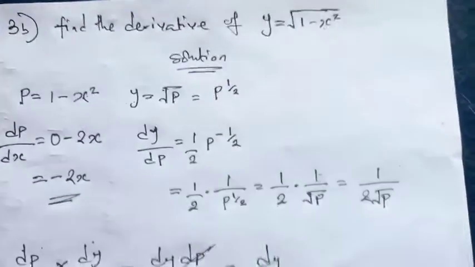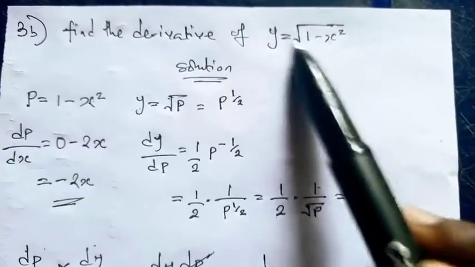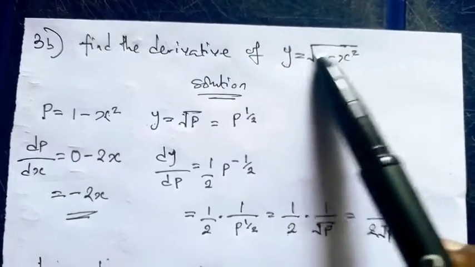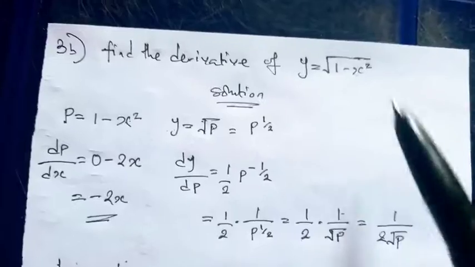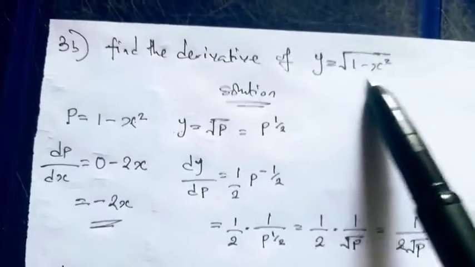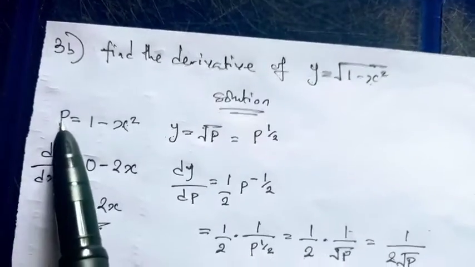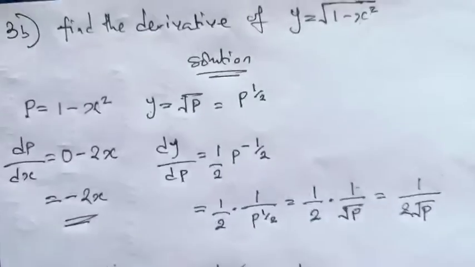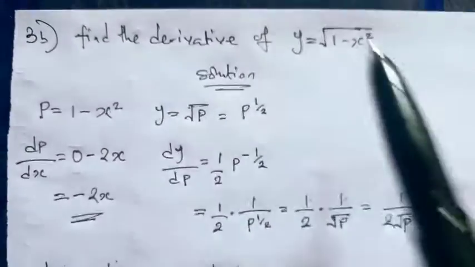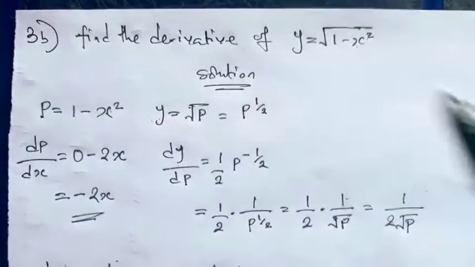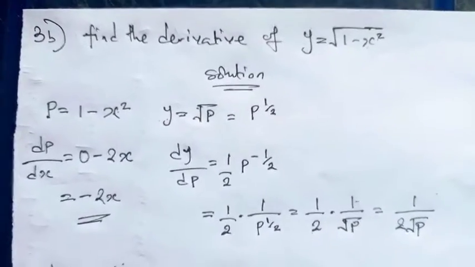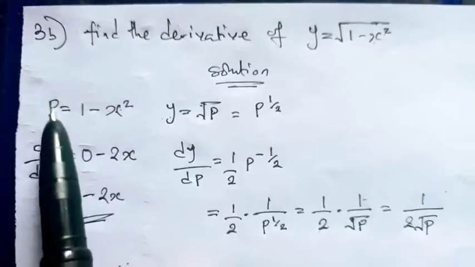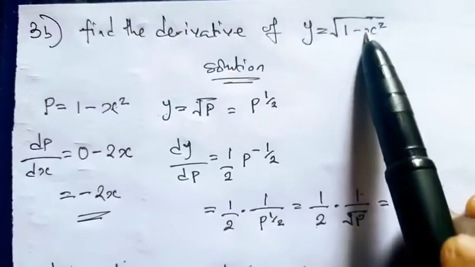Now, solving a question that comes in this form, what we have to do is to set the inner function here to a particular value, which we don't know. So I set it to p. In some textbooks, you will see it is set to t or some other alphabet. But you must set it to a particular alphabet that is not y and that is not x.